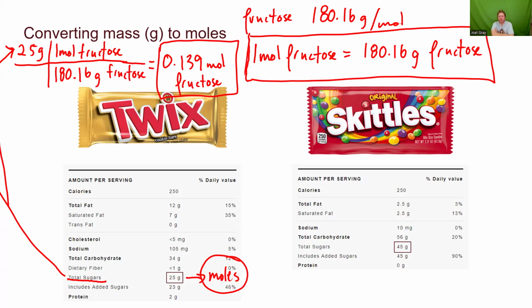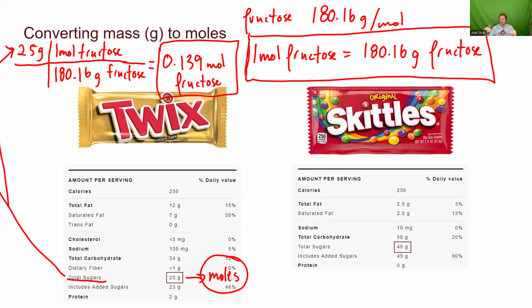Now, anytime I do a calculation like this, I always like to try to reflect on the answer and say, does that make any sense? And whenever I do, I think, okay, well, if I had 180 grams, I would have one mole of fructose. Now, in my Twix bar, did I have 180 grams?